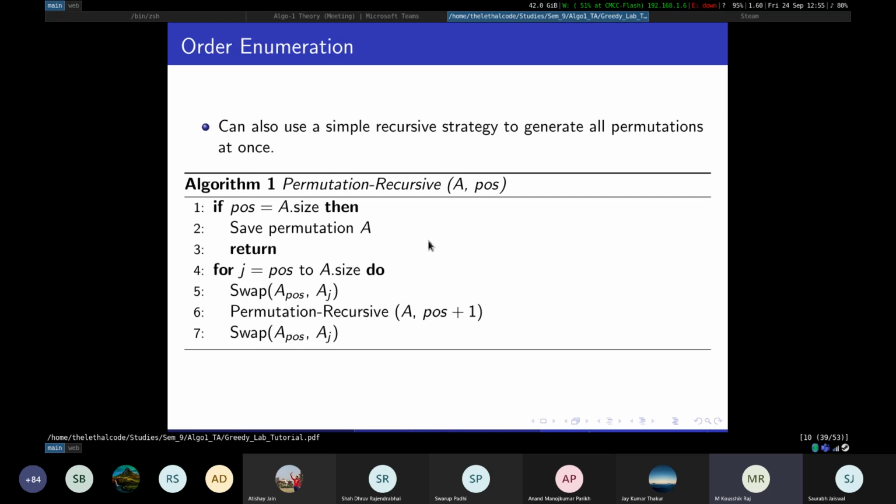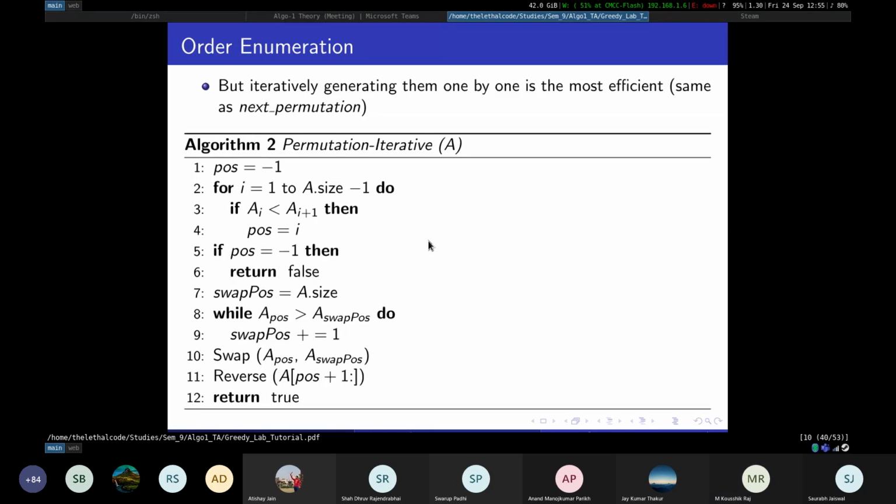You will study it in OS or later when you go for other core subjects. But pretty much all the time, recursive functions are slower than their iterative counterparts because of this stack size. It's not significant in our case, but it's still a problem of efficiency. So what we are going for is an iterative function.